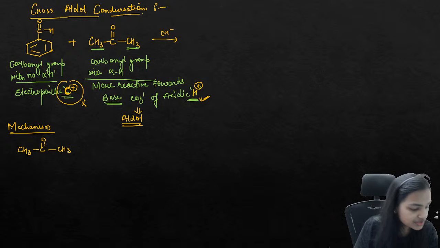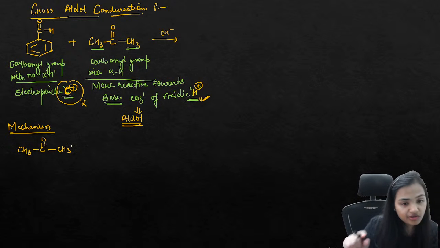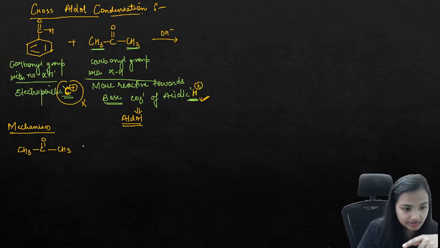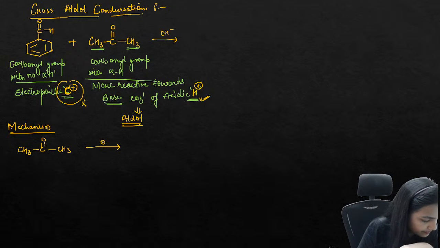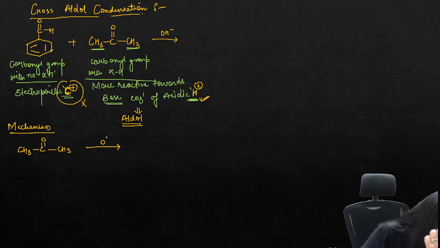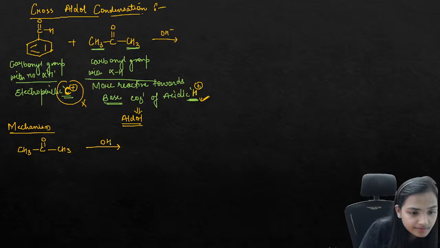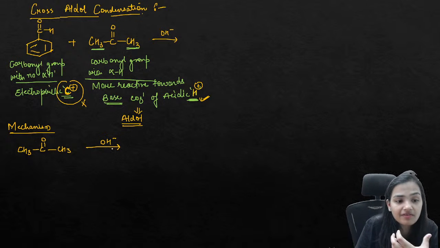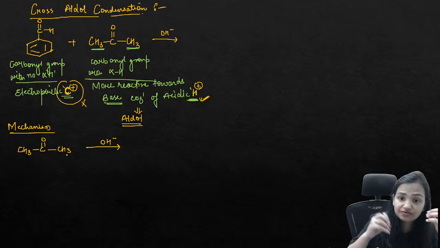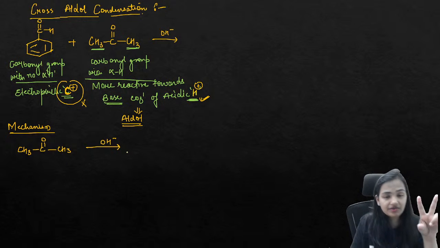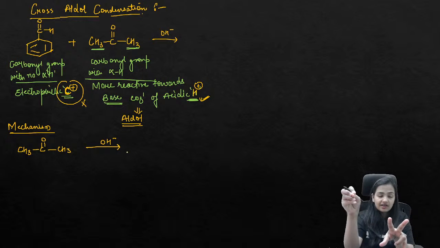So we have to see which is more reactive for the base. From that side only the mechanism will start. Okay Harsh, it's fine. If here I am having a base and this species is more reactive, please always start your reaction from the more reactive part. If you are having two things, the base will choose the one which is more reactive.